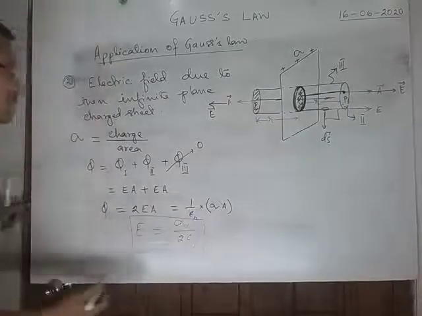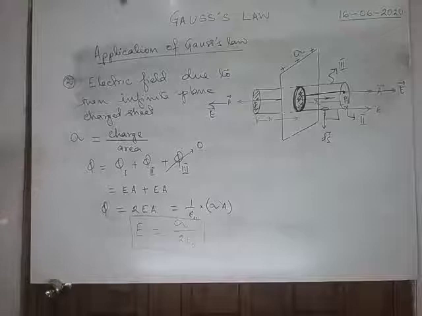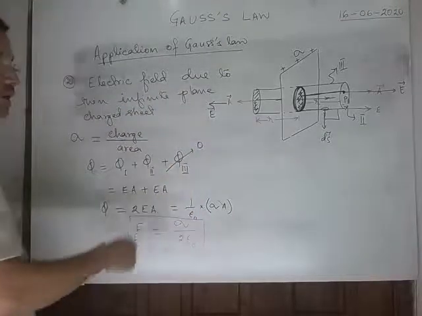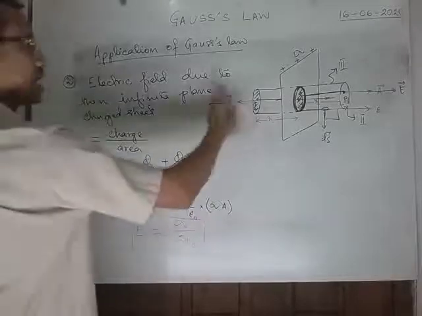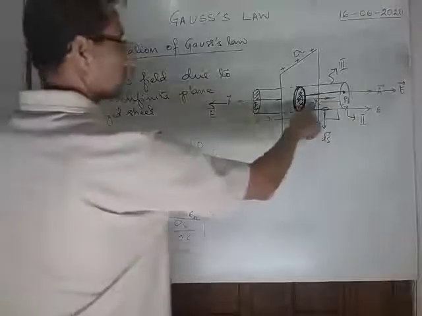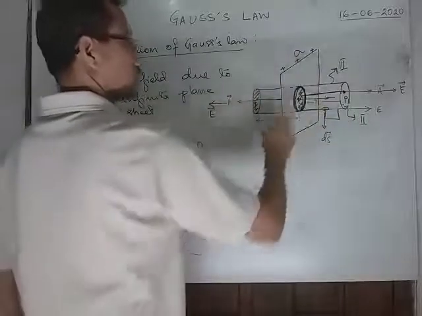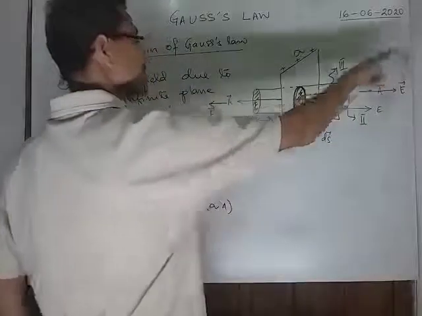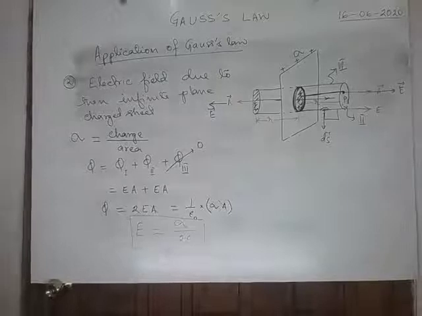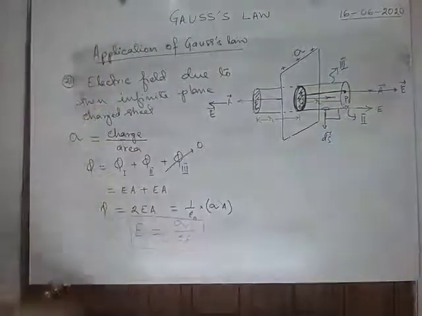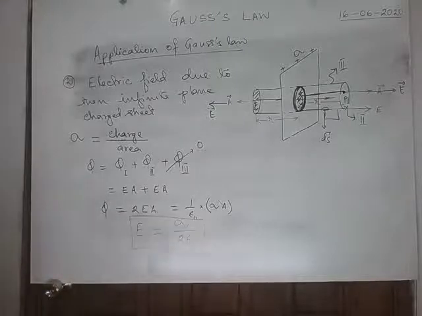This is the magnitude, and if you want to find the direction, it is radially outward, or you can write it as R cap. R is the distance of the point of observation, so it will be along that R vector, which gives you the vector form of the electric field E.